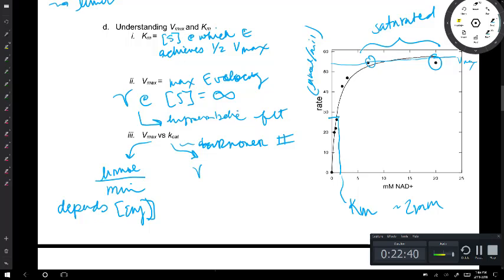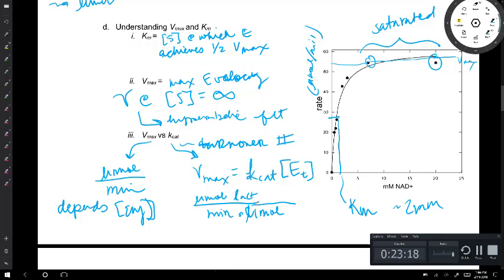With the turnover number, the Vmax is equal to the kcat times the total enzyme concentration. If we know the enzyme concentration, we can take the micromole per minute, or in this case the micromole of lactate per minute, and divide that by the micromole of enzyme.